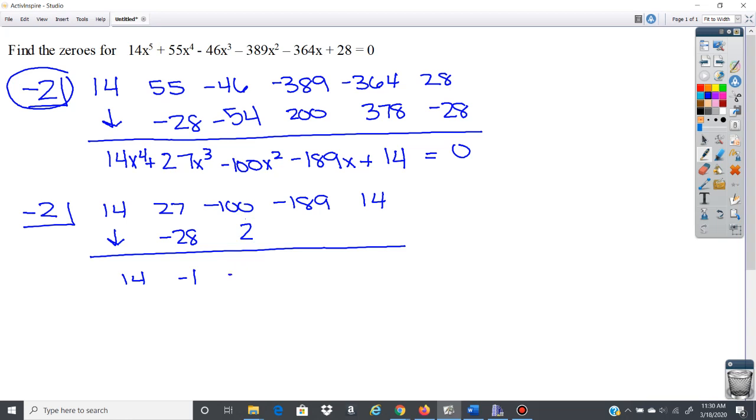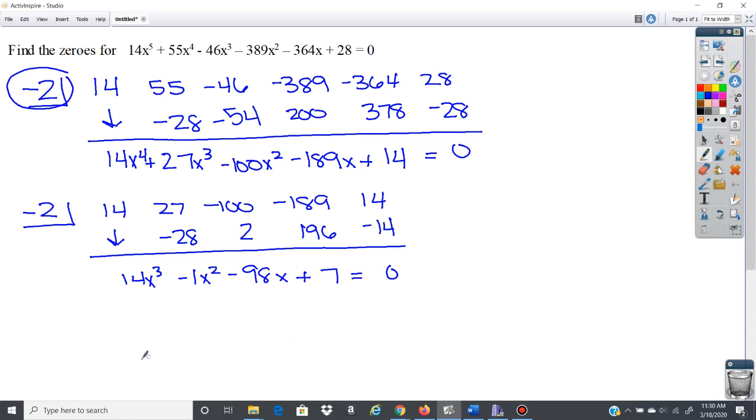Negative 100 plus 2 gives me negative 98. Negative 98 times negative 2 gives me positive 196. Negative 189 plus 196 gives me positive 7. 7 times negative 2, negative 14. 14 minus 14, 0. Okay, so now this is the function I'm looking at: 14x cubed minus 1x squared minus 98x plus 7 equals 0.